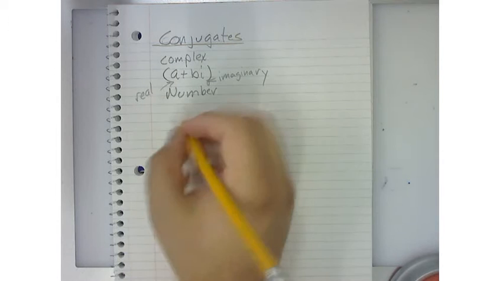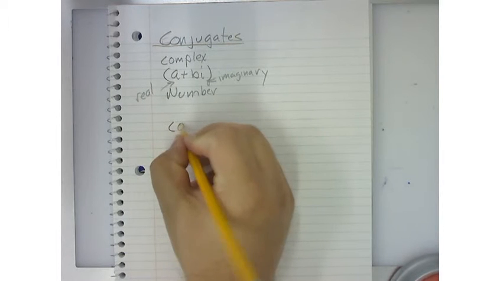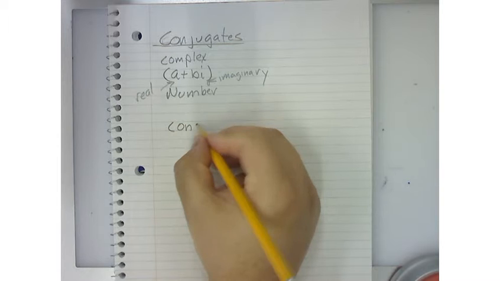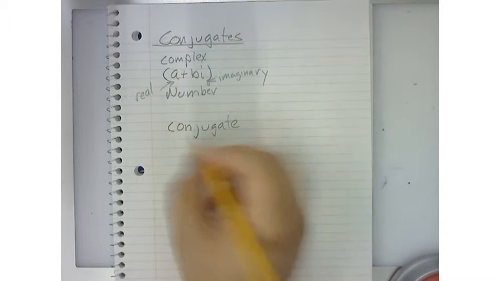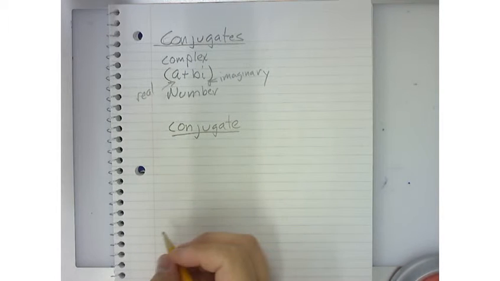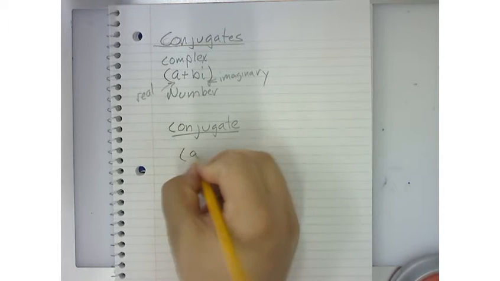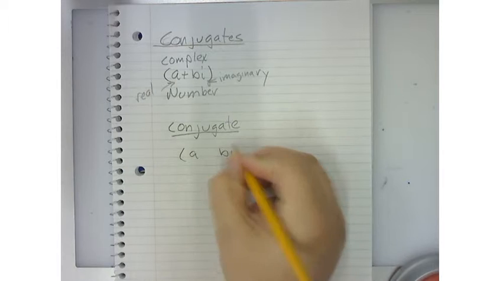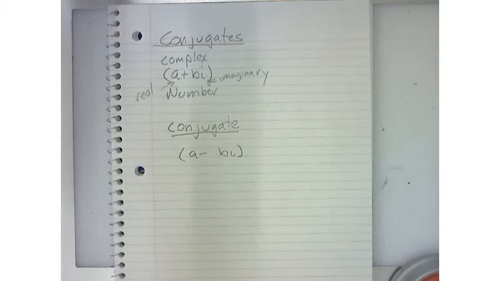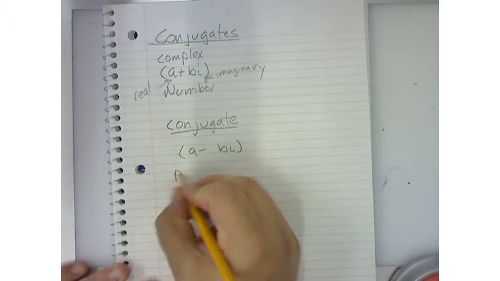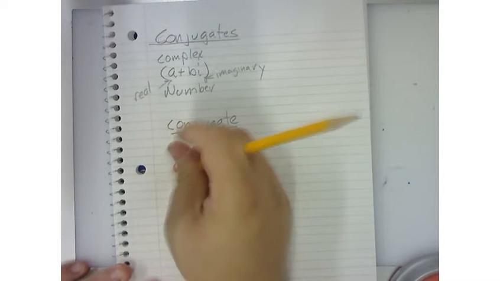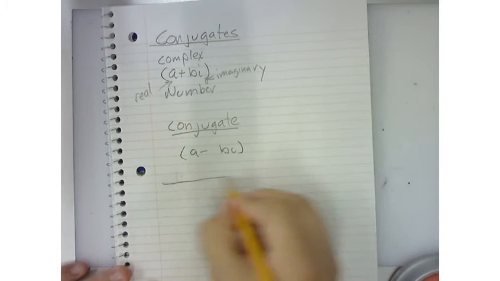Now the conjugate, and you've got to really pay attention, because if you don't, it can be very confusing. The conjugate would be a minus bi. Does that make sense? I'm going to write down some complex numbers, and then some conjugates.